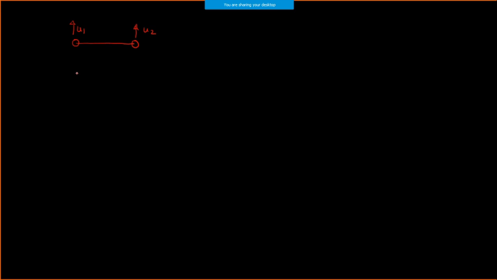If I want to plot it, this is my x coordinate, which is the independent parameter. In the vertical direction I'm going to determine the u displacement at different locations. The displacement at node number 1 is u1, and at node number 2 it is u2.